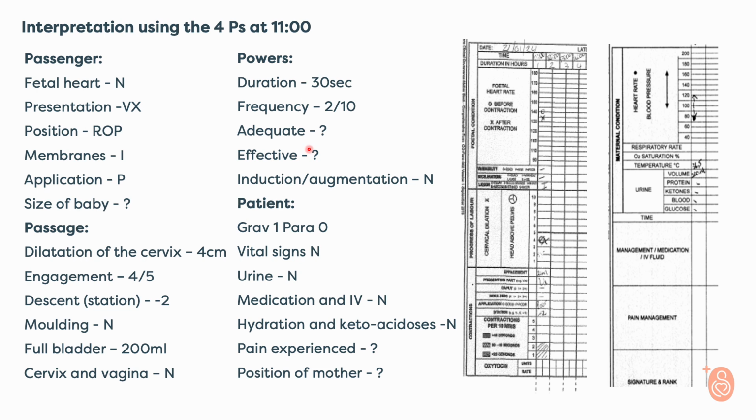When we look at the definition of adequate contractions, if you revise your previous videos on the partograph, we've said that adequate contractions, there should be 3 to 5 contractions in 10 minutes, lasting from about 30 to 40 seconds. Now, in this case, there are 2 in 10 minutes, and they only last 30 seconds. So at this stage, I put a query there whether the contractions are adequate.